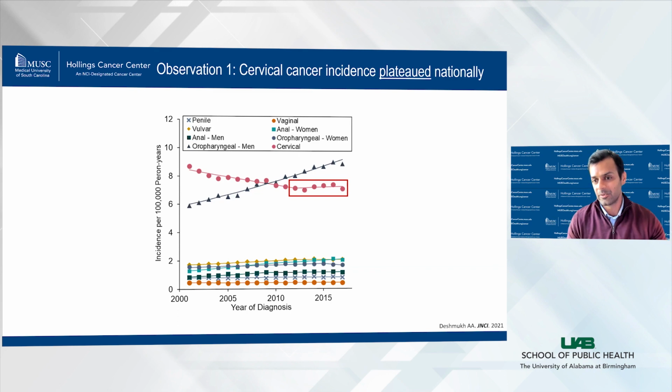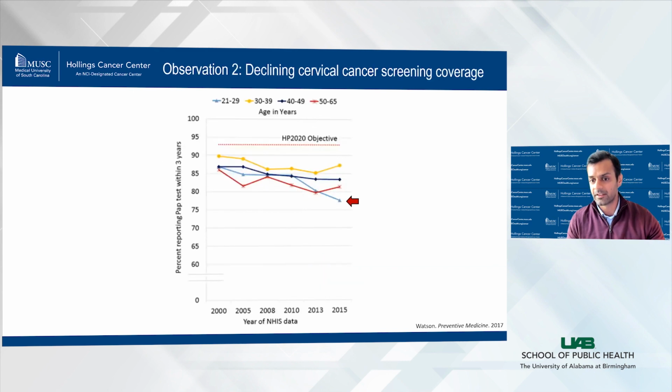What we started doing is analyzing several national databases, trying to understand whether there are different age or risk groups that may be seeing differences in cervical cancer incidence patterns.